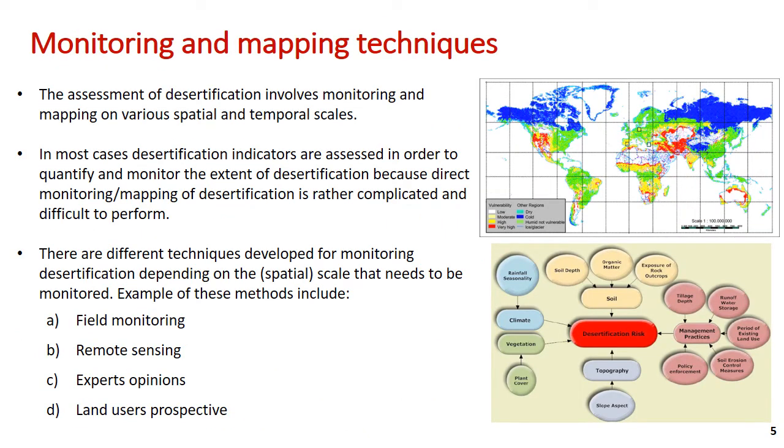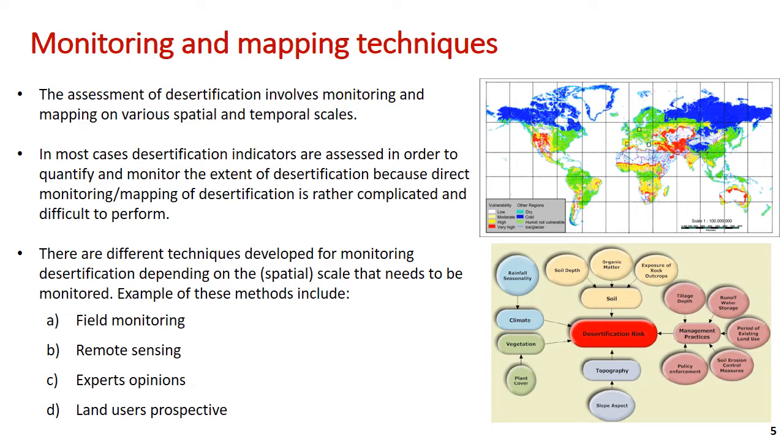We can see from the previous discussion that to come up with a precise estimate of the extent or the area that undergoes desertification, you would have to consider all the sustainability pillars. Remember that the definition of desertification is a type of land degradation due to climatic changes and also human impact.